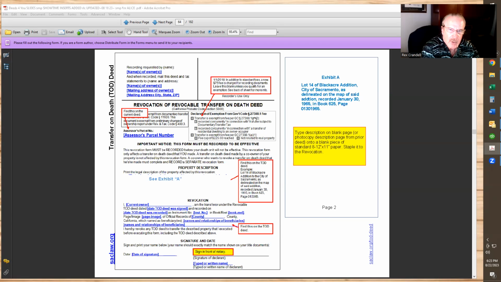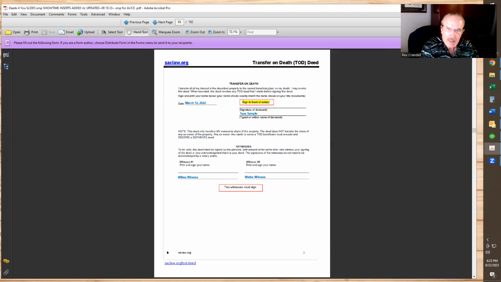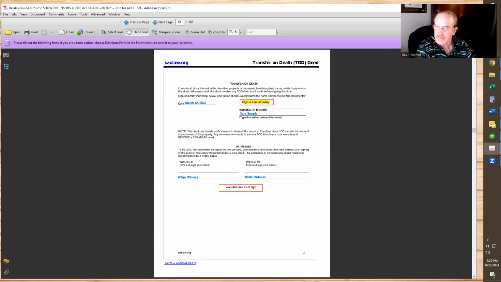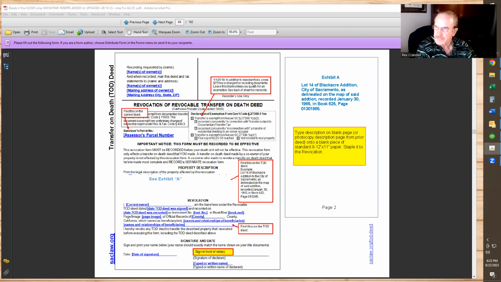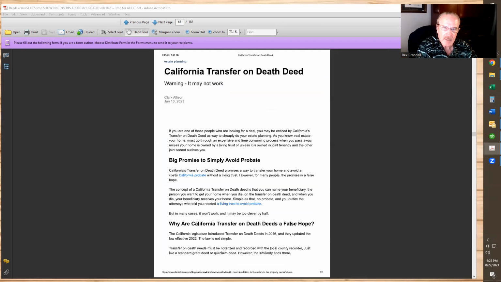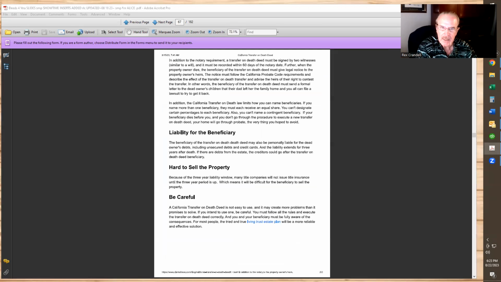But you revoke a transfer on death deed in this manner, with all the requirements of the parcel number, documentary transfer tax, legal description, and the notary and witness rule. So this is another example of one, and there's quite a bit written about it.